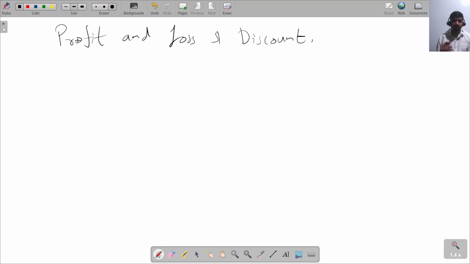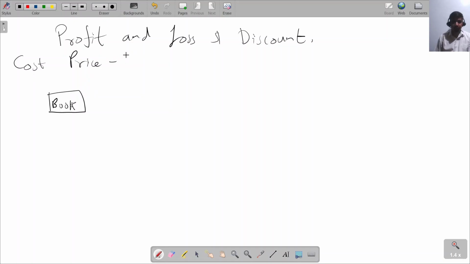So in this chapter there are a few basic concepts. Let's look at them first. Over here first we have cost price. What do you mean by cost price? Suppose you are buying a book. To make this book, how much money was spent is called cost price.